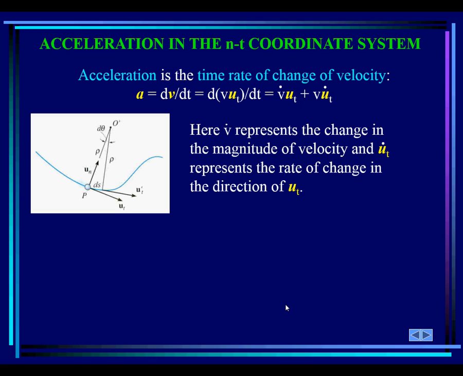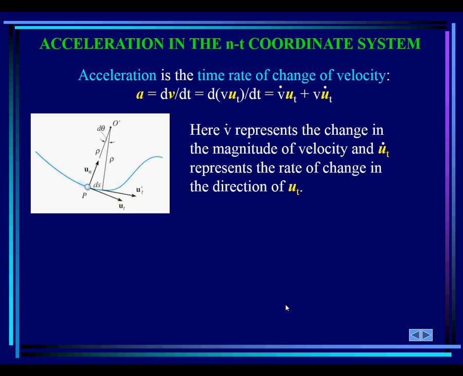So the acceleration is dv/dt, and if you write down the velocity as a magnitude times a unit vector and take the derivative of that, you'll see it is v dot times u plus v times u dot, meaning you're changing the magnitude or you're changing the direction.